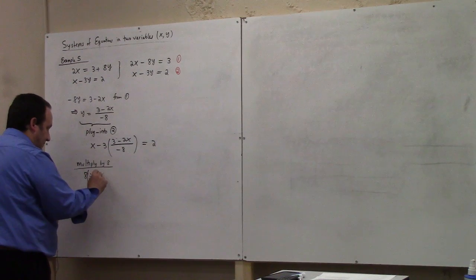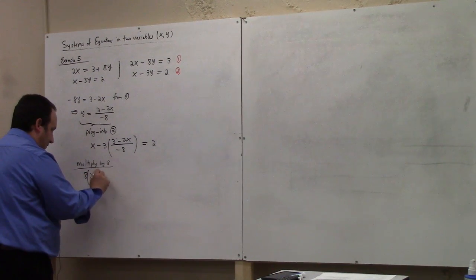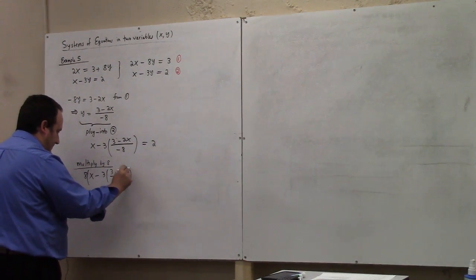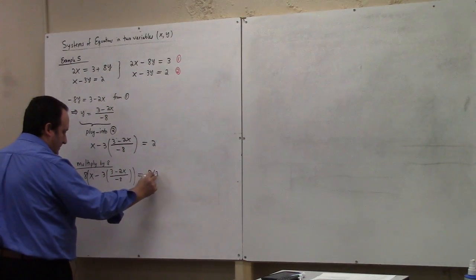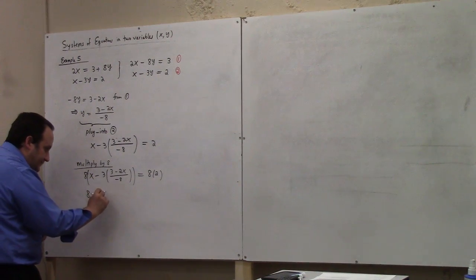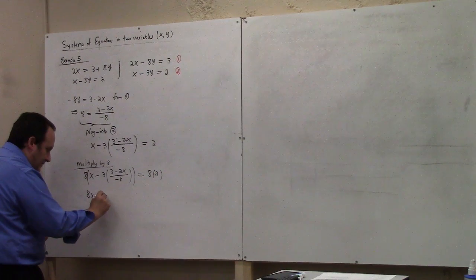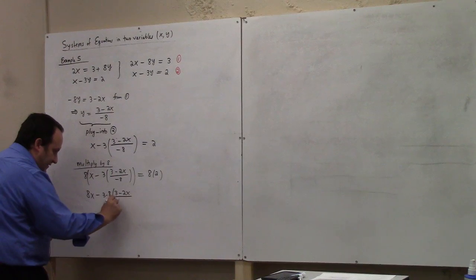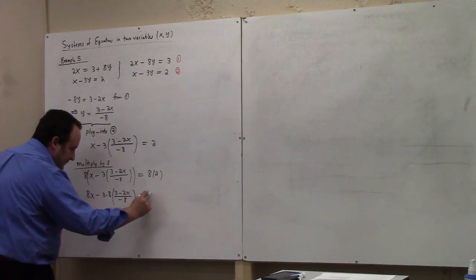So 8 times x minus 3 times 3 minus 2x over minus 8 equals 8 times 2. Distribute: 8x minus 3 times 8 times 3 minus 2x over minus 8 equals 16.